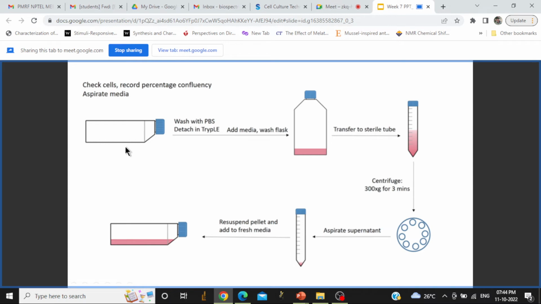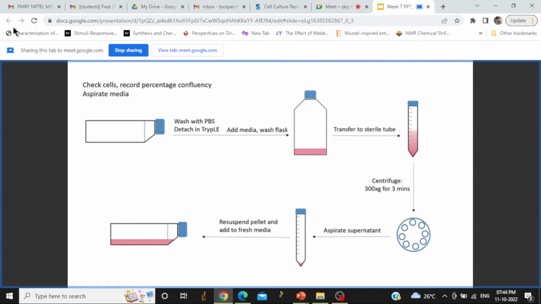Why will these cells be attached? When you seed the cells, after some time, as they are anchorage dependent, they will settle at the bottom of the flask, and after that they will excrete extracellular matrix. As in normal physiology, where they are embedded in extracellular matrix, here also in the flask they will secrete the ECM, and because of that ECM they remain attached to the surface.